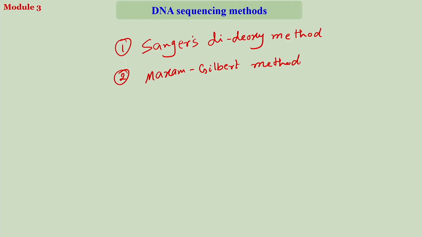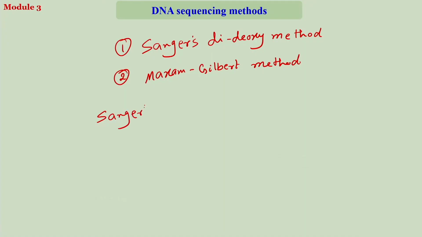By the way, both of these methods were developed much before the PCR technique was developed. For example, Sanger's method was developed in 1977. Frederick Sanger received the Nobel Prize.